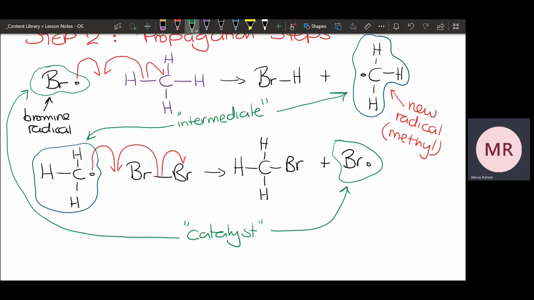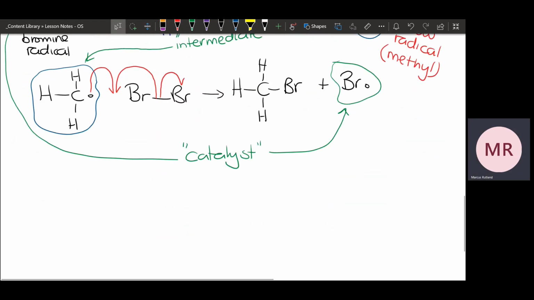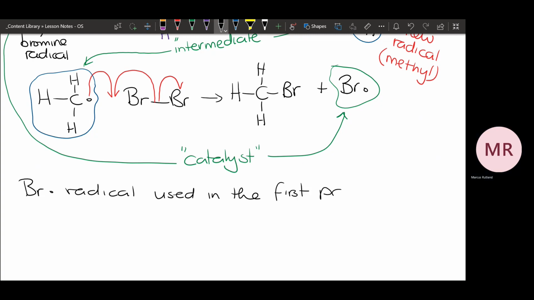Okay, so the point is with this, that the Br radical used in the first part is reformed in the second part.